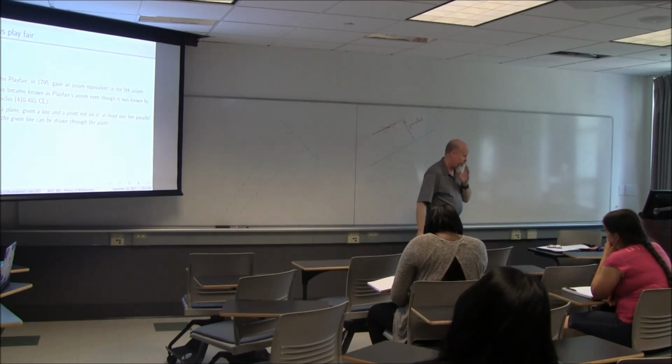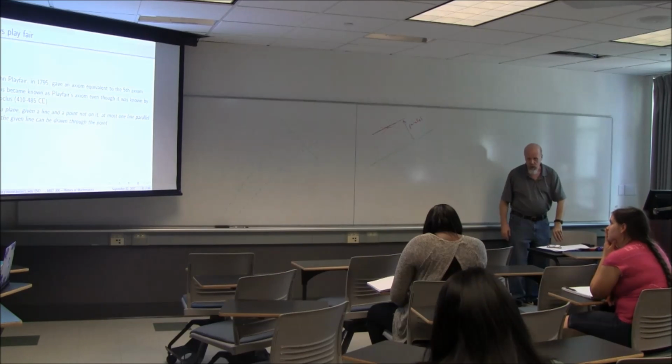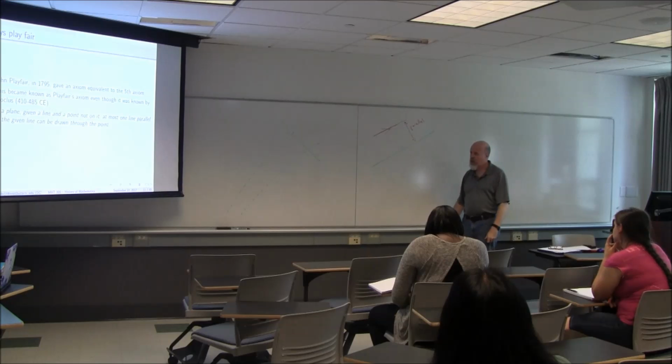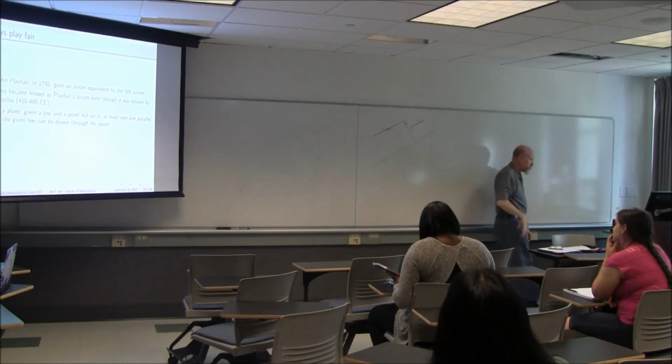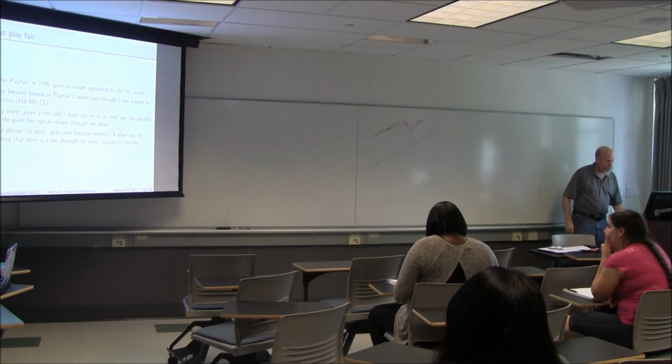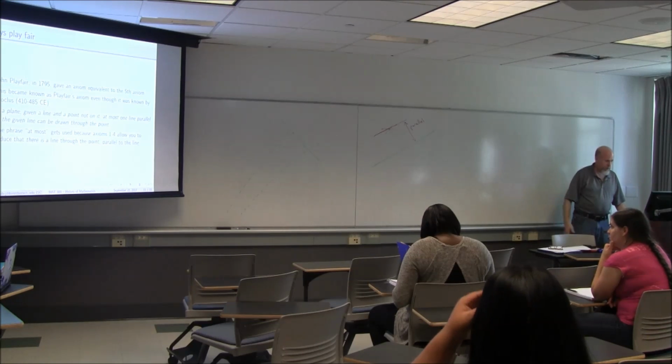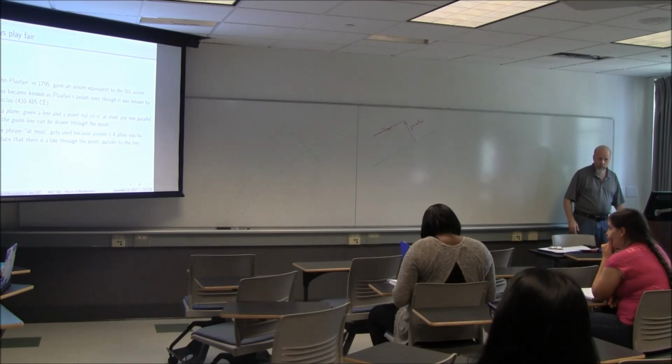So that's why you need to fit that, and that's actually a very fine point, to be honest. I didn't know this. I got to tell you, I always thought it said there's exactly one line. So there is a line through the point, but Playfair's axiom and Euclid's fifth axiom both will tell you that that line is the only line.